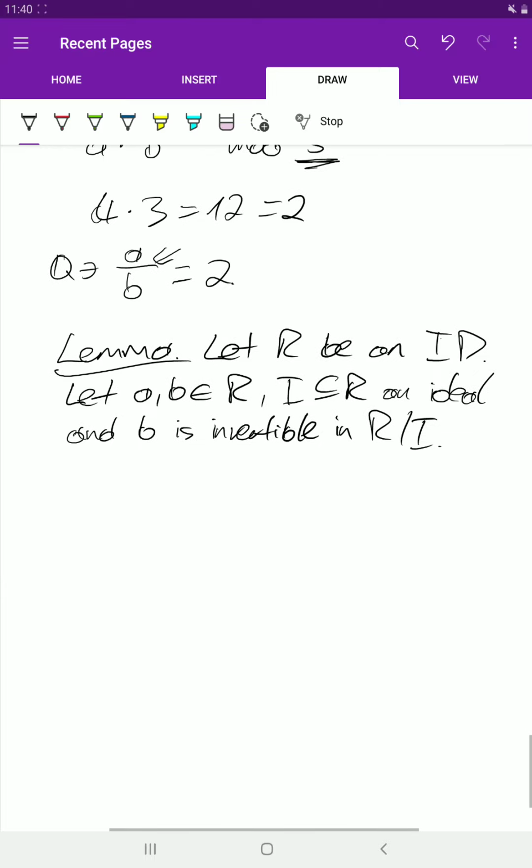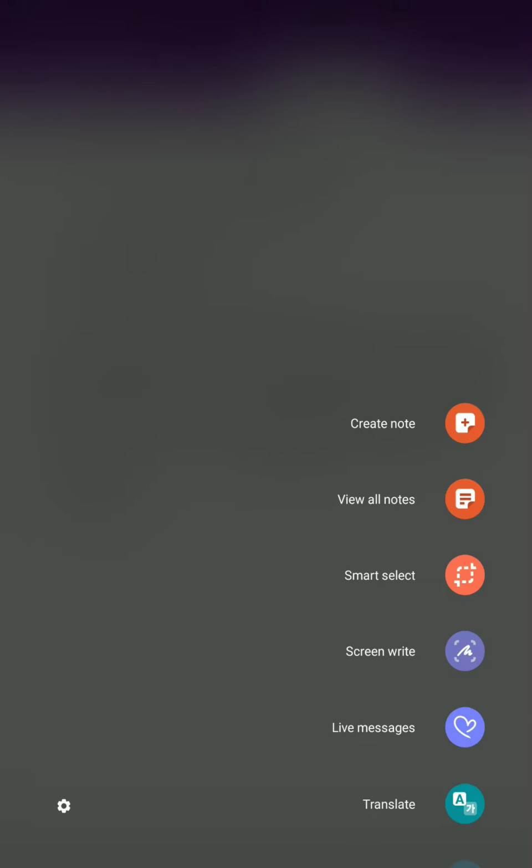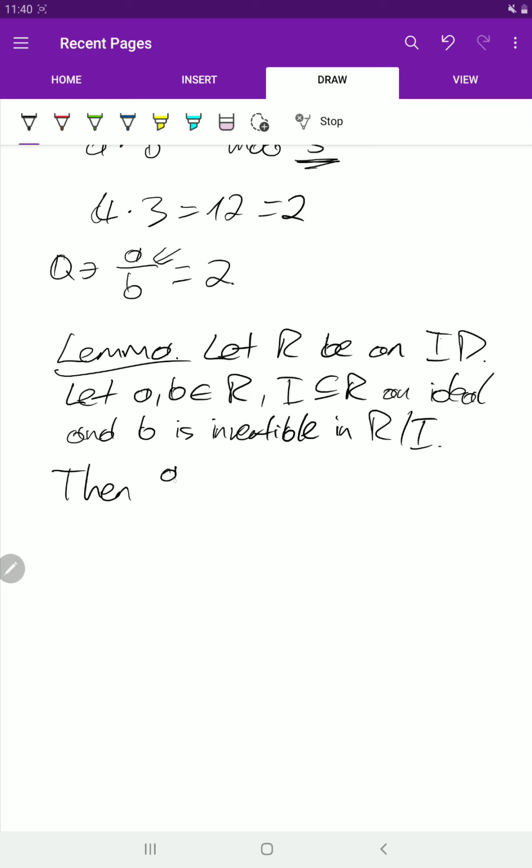Okay, so that's the setting, and the claim is that A divided by B, we have one further assumption. So we assume that A divided by B is in the ring.